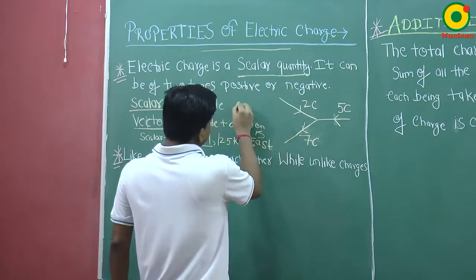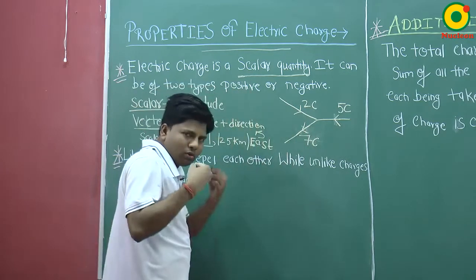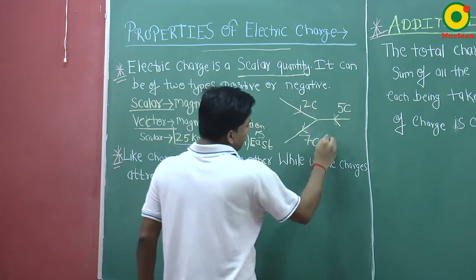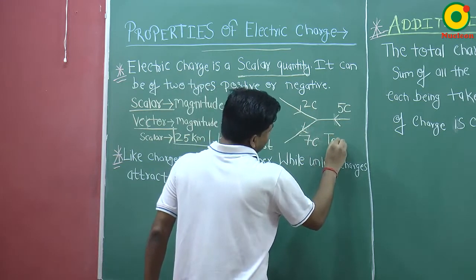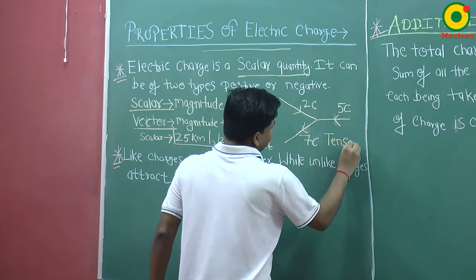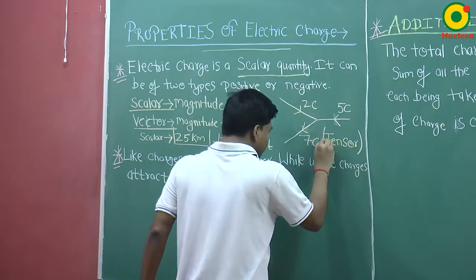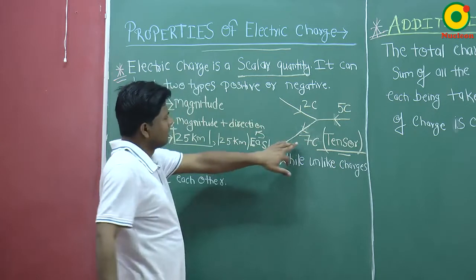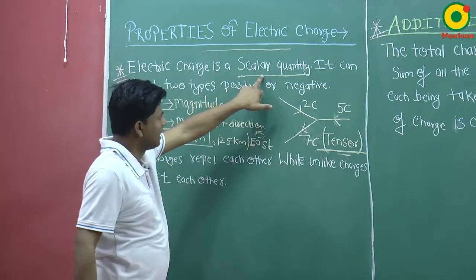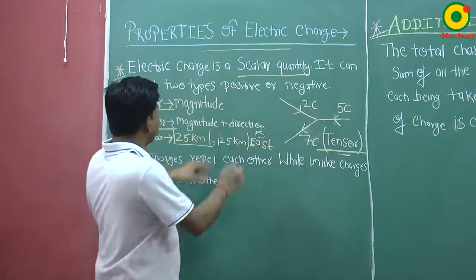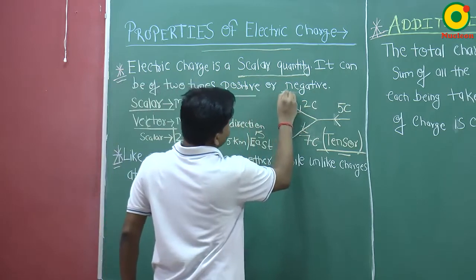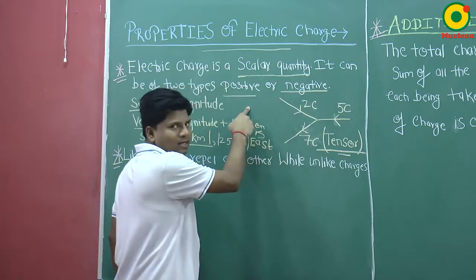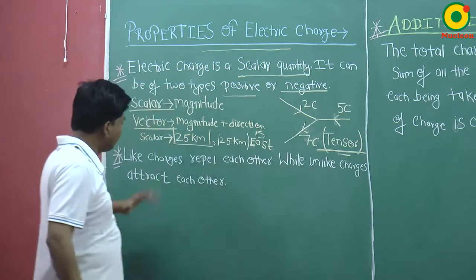Actually, speaking in a more scientific way, it's known to be a tensor quantity. But for the time being, just understand that electric charge is a scalar quantity and it can be of two types, positive or negative. It's a fact. So now we will come to the second point.